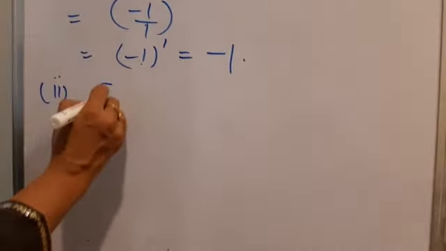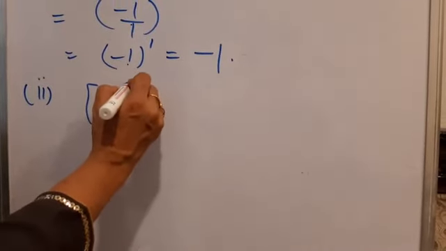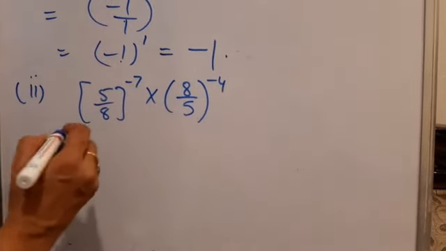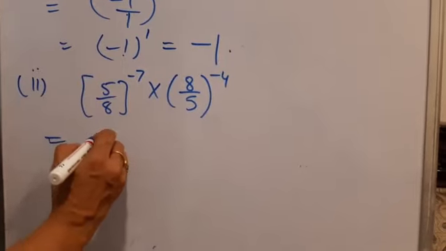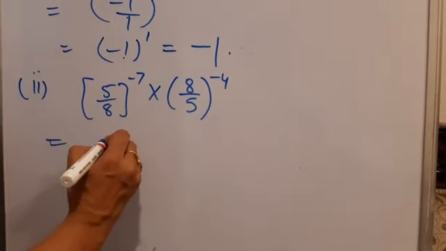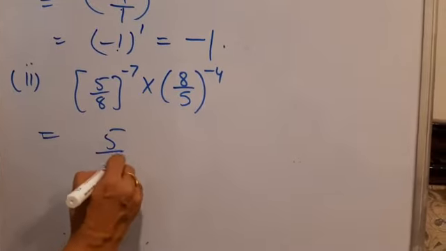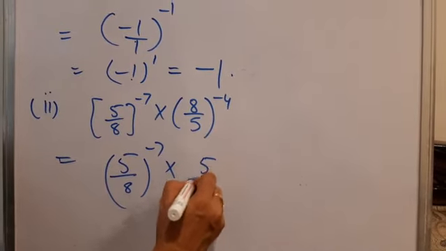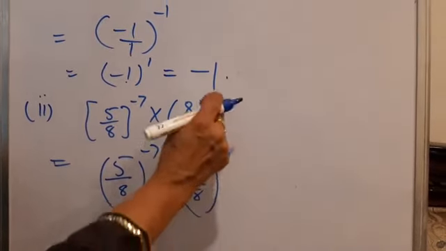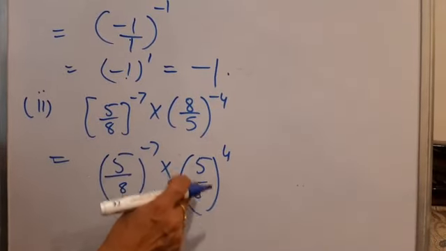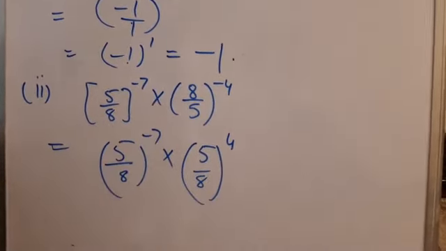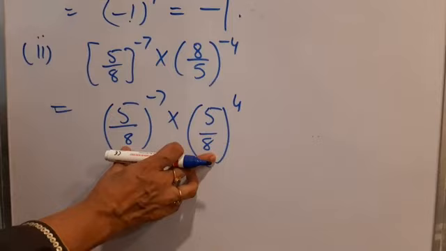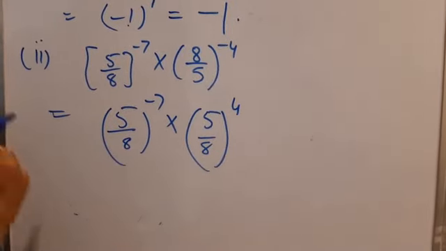Now come to the second part. The second part is 5 by 8 raised to power minus 7 into 8 by 5 raised to power minus 4. 5 by 8 raised to power minus 7, and this expression you can write as 5 by 8 raised to power 4. To make this power positive, I have taken the inverse of the number given inside. Why am I doing so? Because now the bases will be the same and we can add the powers. The question will be easier now.